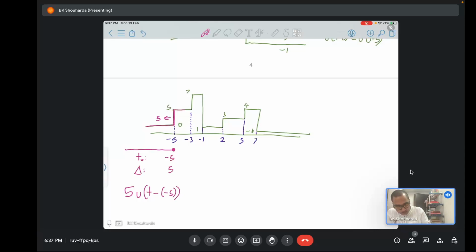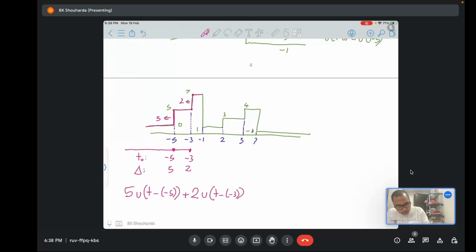Now I continue going. Again I encounter a discontinuity. Jump is at minus 3. What is the magnitude of this jump? 7 minus 5, that's 2. So I will add 2 unit step t minus of minus 3.